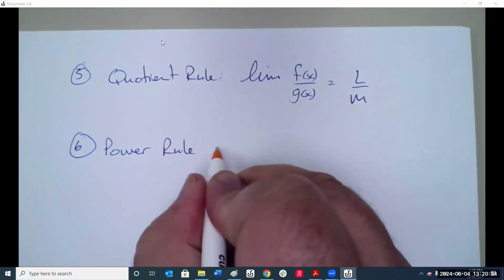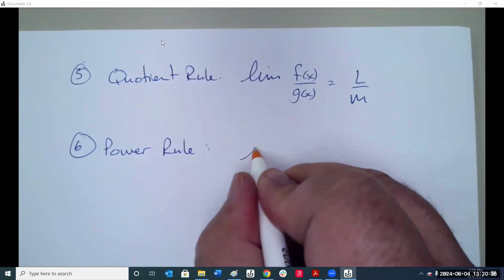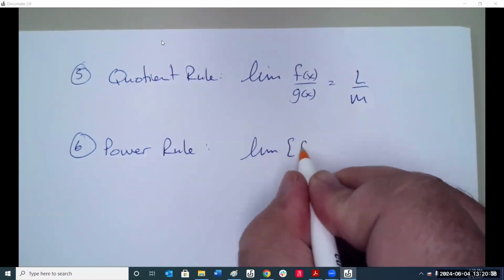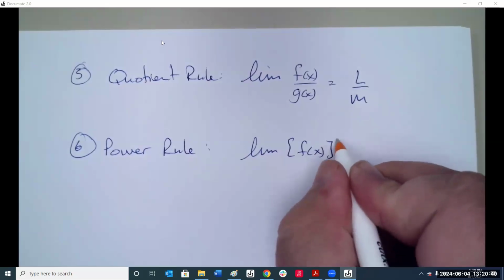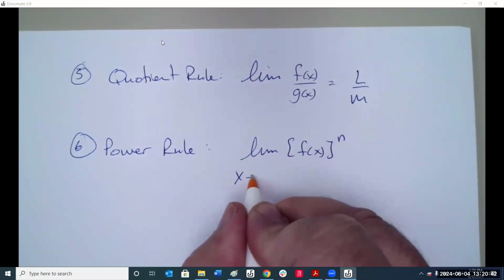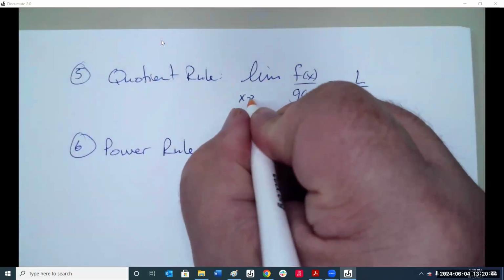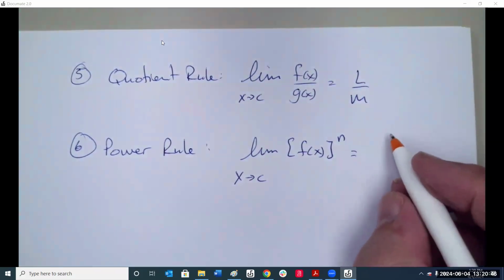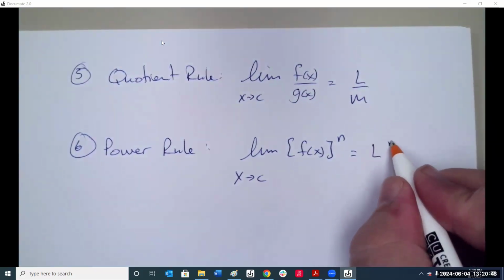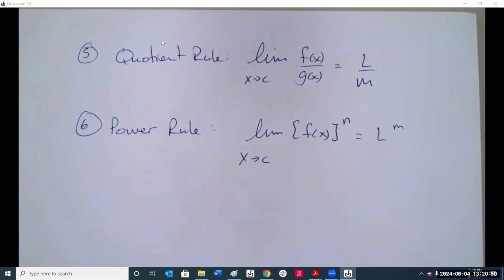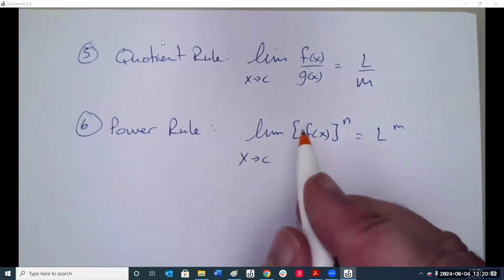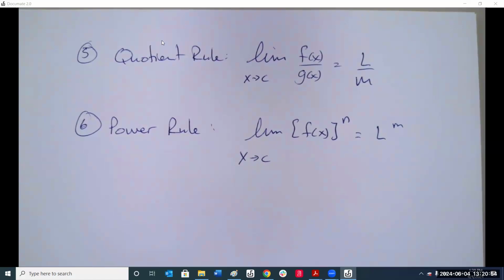Power rule is the limit of some function raised to a power is equal to that limit raised to the power. The exponent really doesn't accomplish much because it's outside the function.